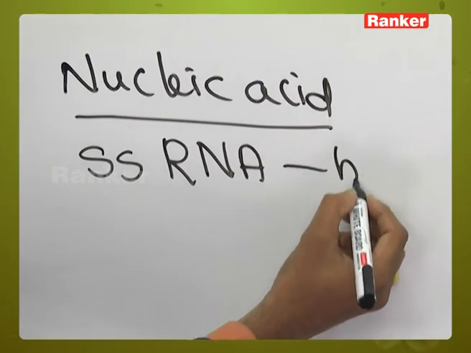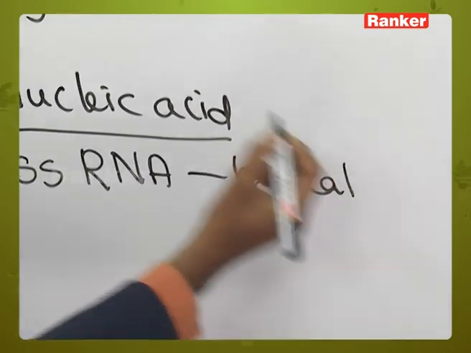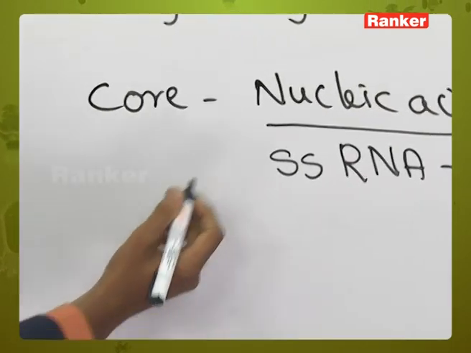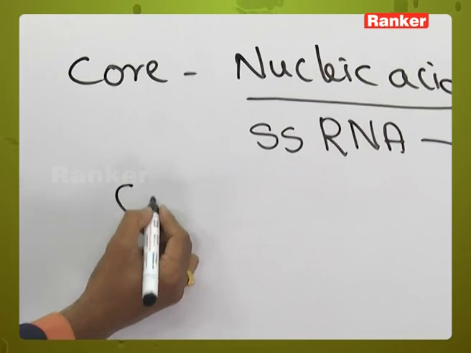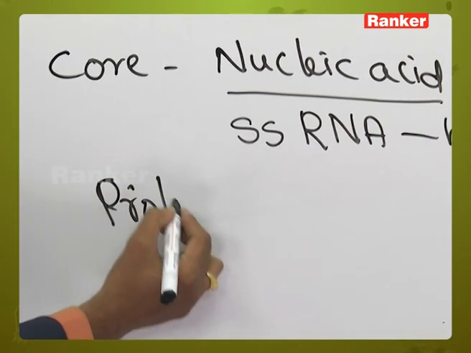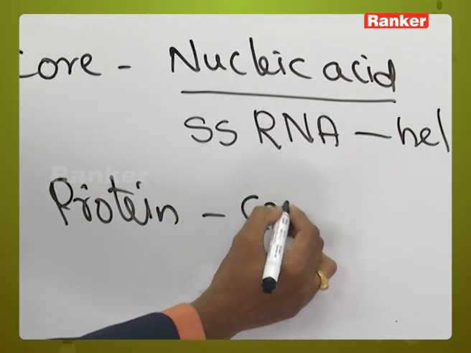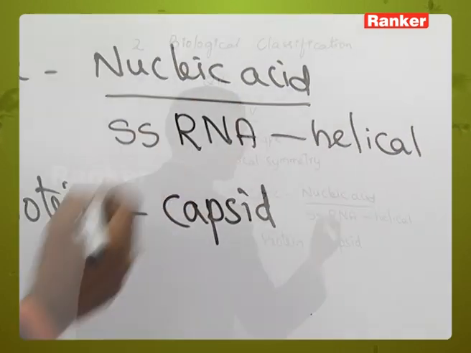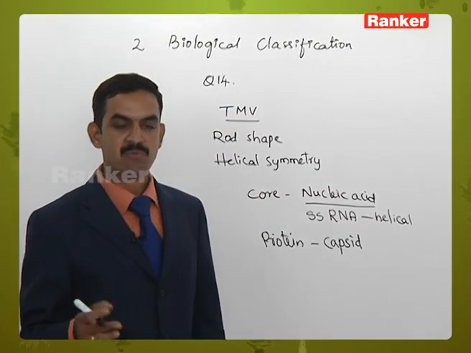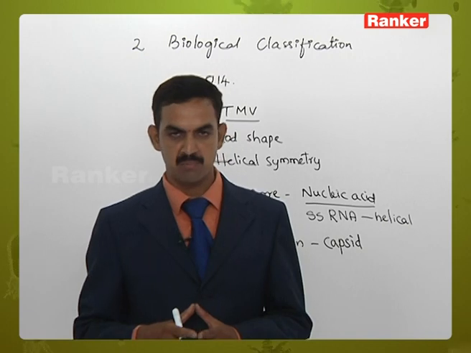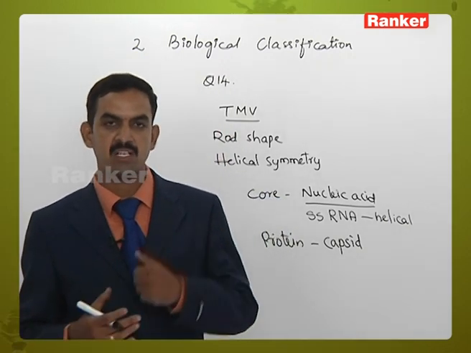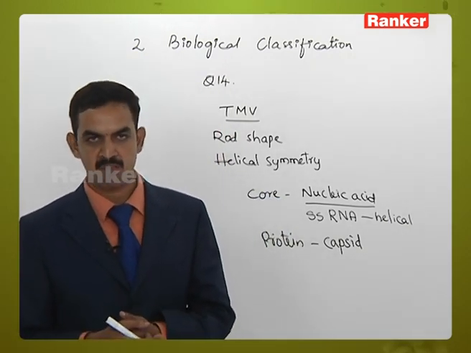This is also in helical form, whereas around this core part, the protein part is present. This protein part is called capsid, and this capsid is made up of subunits called capsomers. So, these are some of the important characters regarding TMV.